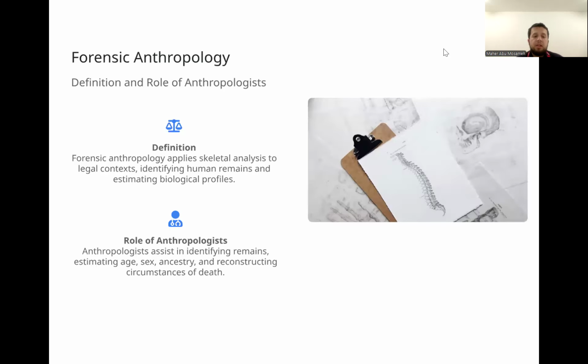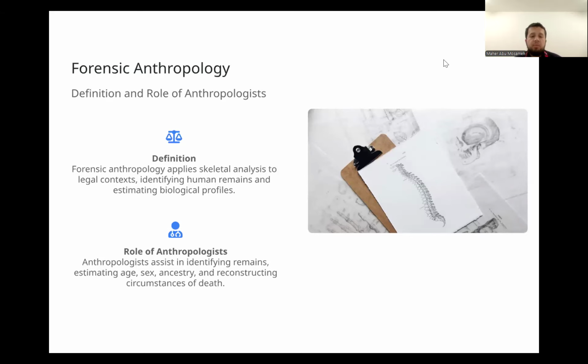So, what is forensic anthropology? Forensic anthropology deals with the identification of skeletal remains, often from forensic cases such as mass disaster, criminal investigation, or archaeological sites. And it requires very precise methods for determining traits like sex, age, and population.